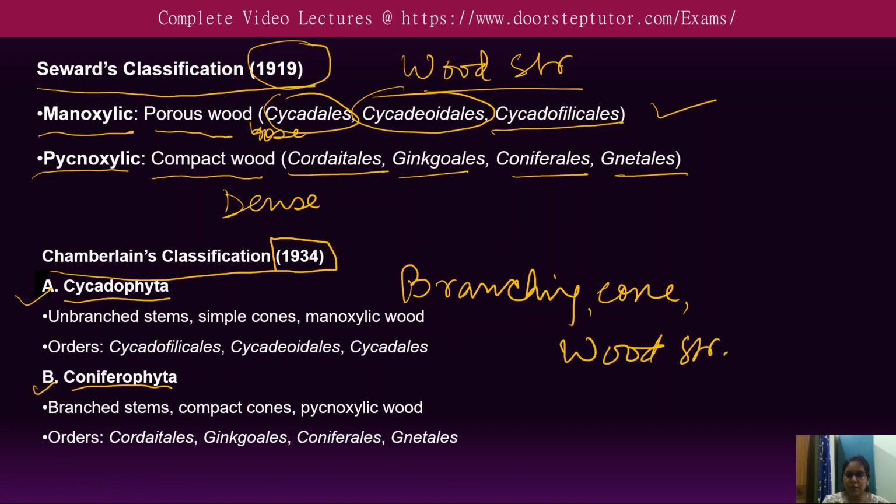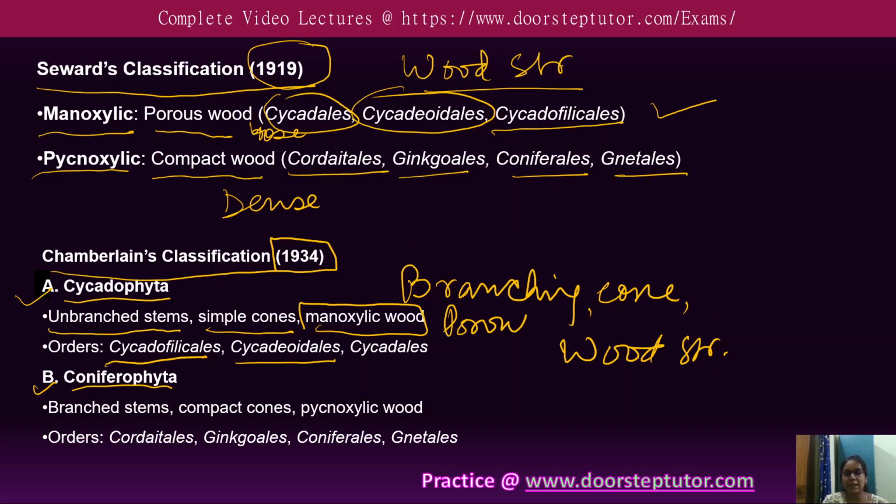So Cycadophyta basically includes mostly unbranched stumpy stems. They have large male cones with a simple structure, a wide cortex, and they have the manoxylic wood, that is, they have the porous wood. The orders include the Cycadofilicales, the Bennettitales, and the Cycadales.